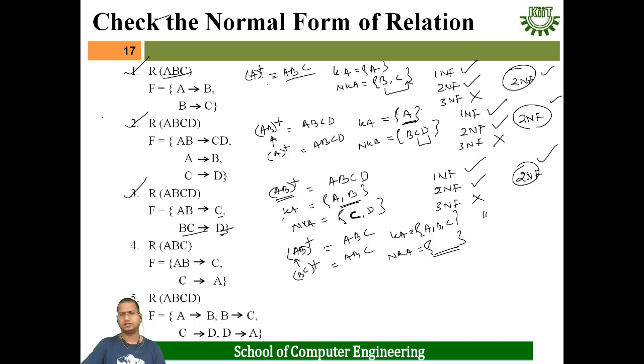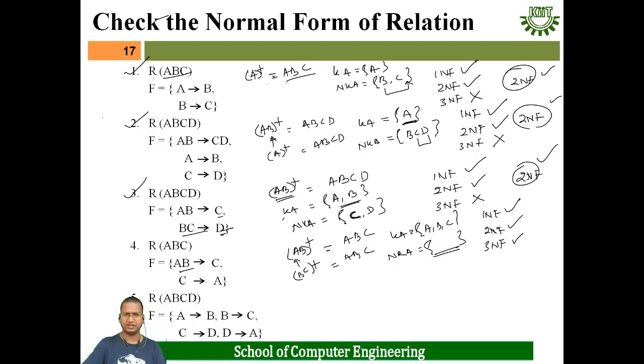But check, it is in 1NF. Yes. Check for 2NF. Is partial dependency present? AB to C, no, partial dependency is not present. It is in 2NF. Is a transitive dependency present? No, there are no non-key attributes, so transitive dependency is not present. It is in 3NF. Check for BCNF. Are all the determinants keys?